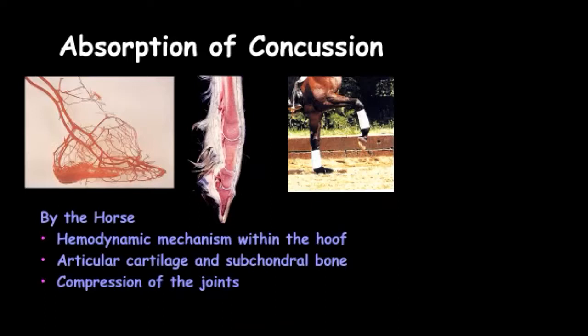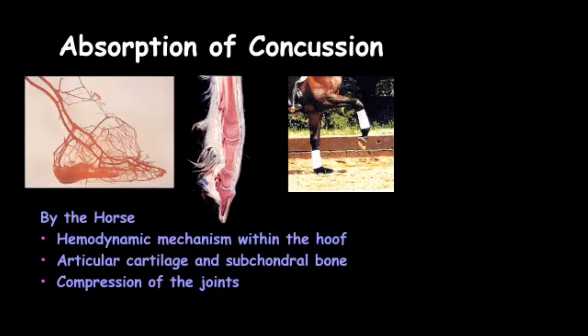We also have certain structures that are very good at absorbing shock. If we look at each of the joints, you can see the articular cartilage as a white layer on the end of each bone. Articular cartilage is a very good shock absorber, but as this longitudinal section shows, it's only present in rather a thin layer, so that kind of limits how much it can do to absorb or dissipate the concussion.